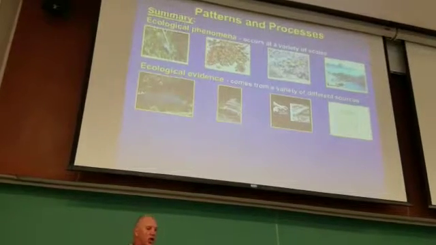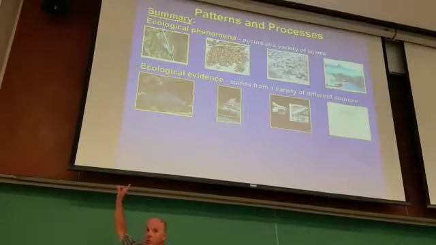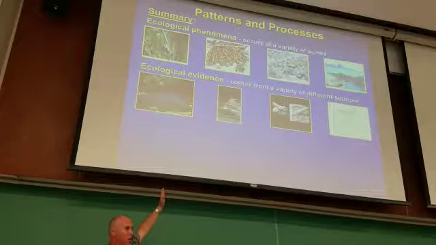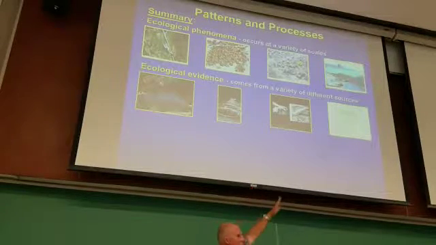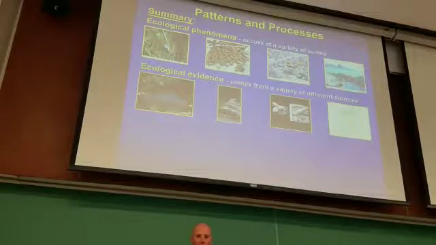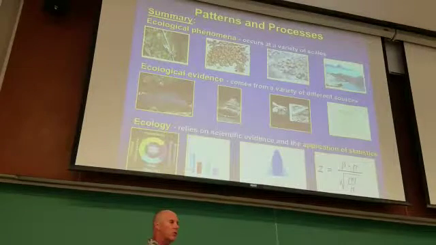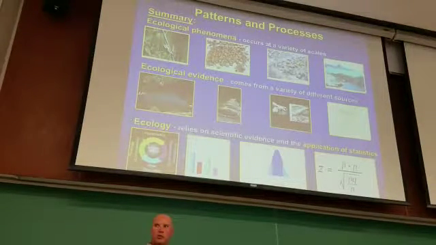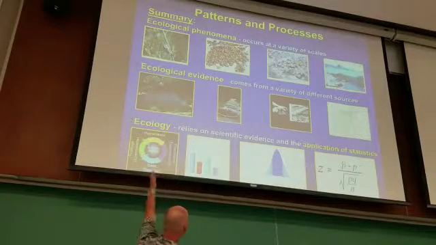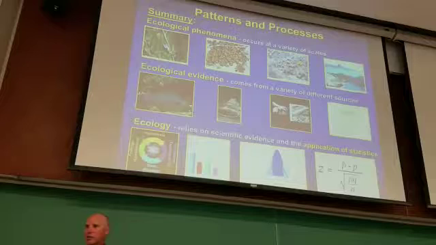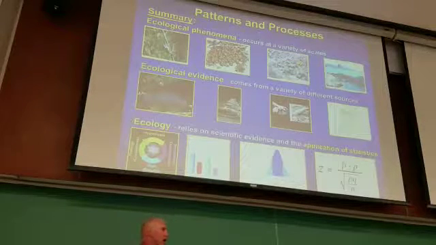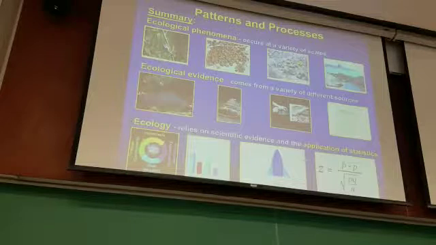That evidence is generated from natural systems, manipulative field experiments or mesocosms, microcosms or lab experiments, and mathematical constructs. And then finally, what tools do we use to assign confidence to the experimental results and draw conclusions? Well, we rely on scientific evidence through the process of the scientific method, and we rely on the application of statistics to assign that confidence level.